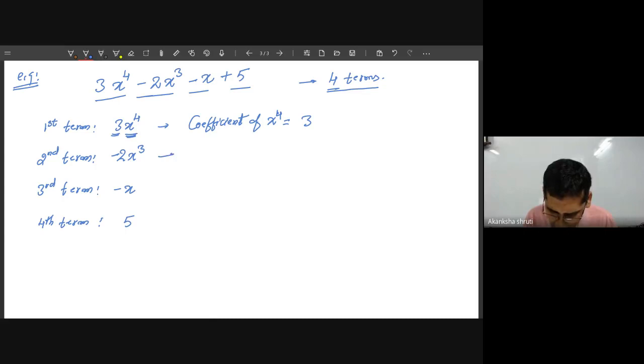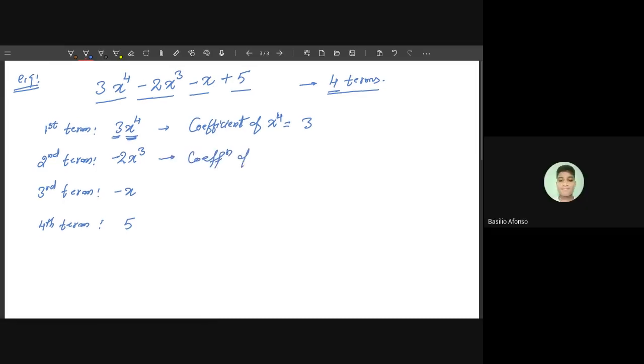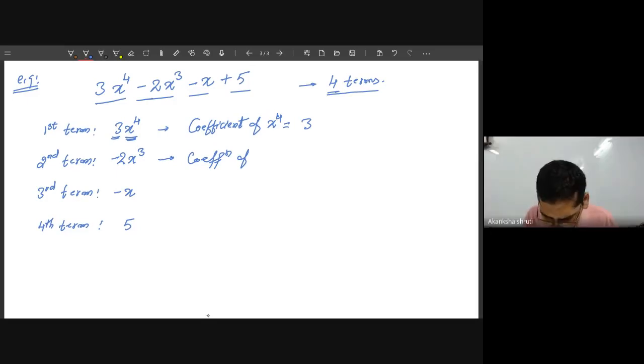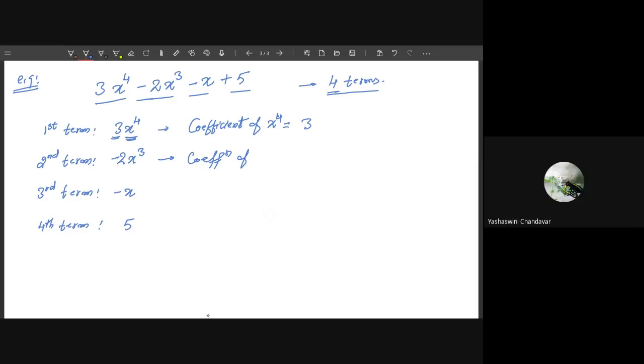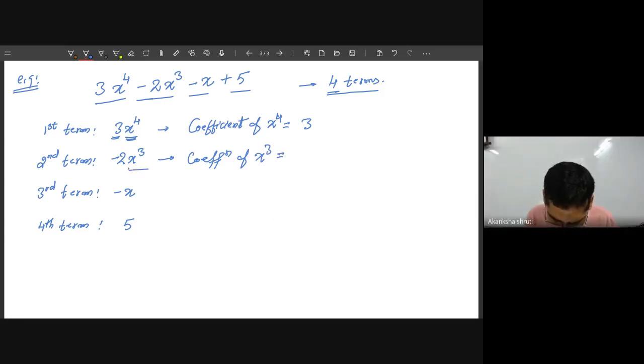A student, what is the coefficient of x cube? Minus 2. A student, the power of the variable you have to leave, and the sign you have to associate with this real number. So it is minus 2. Okay, student? Minus 2.